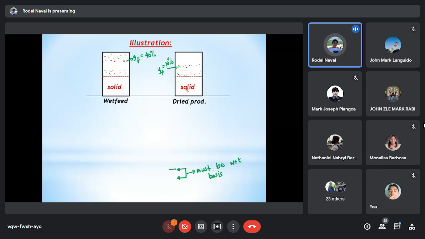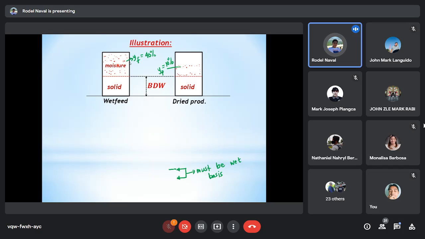The solid in the wet feed is the same as the solid in the dried product, ha? If you remove all the moisture. Okay, so this is also called bone dry weight. Bone dry weight means the amount of solid in the material.